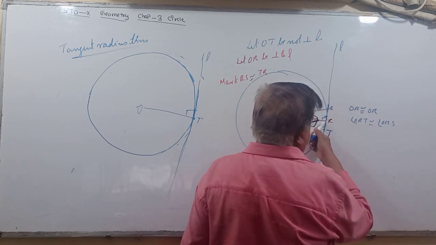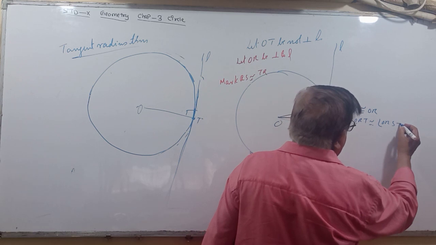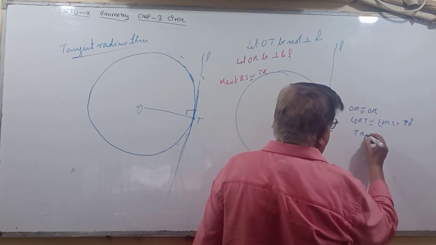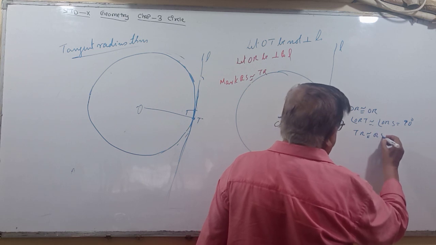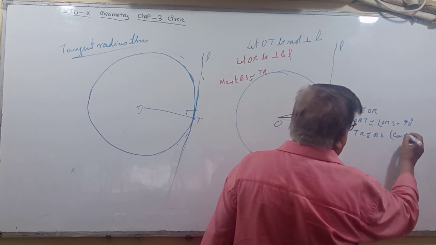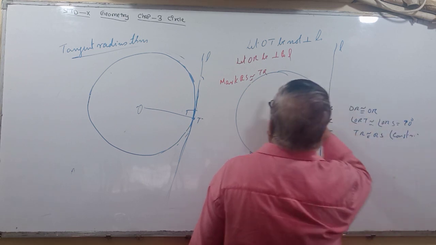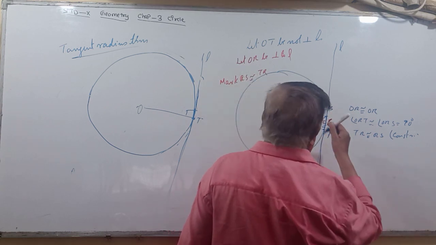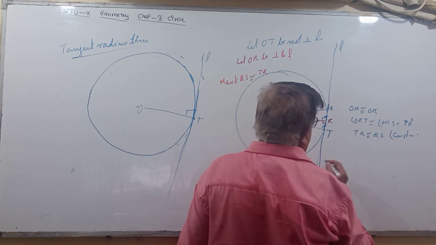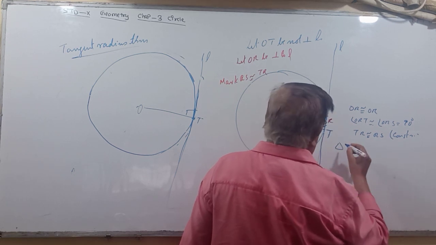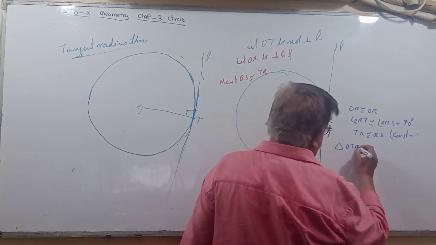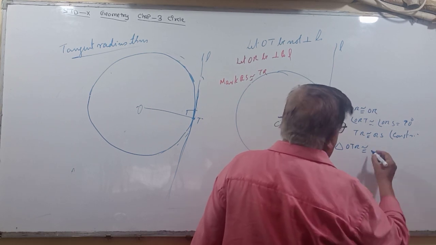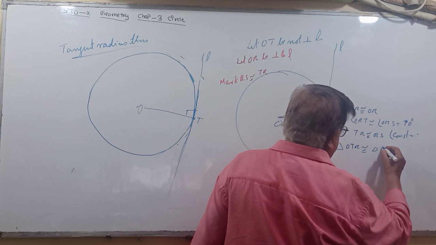TR is congruent to RS by construction. Now triangle OTR is congruent to triangle OSR.